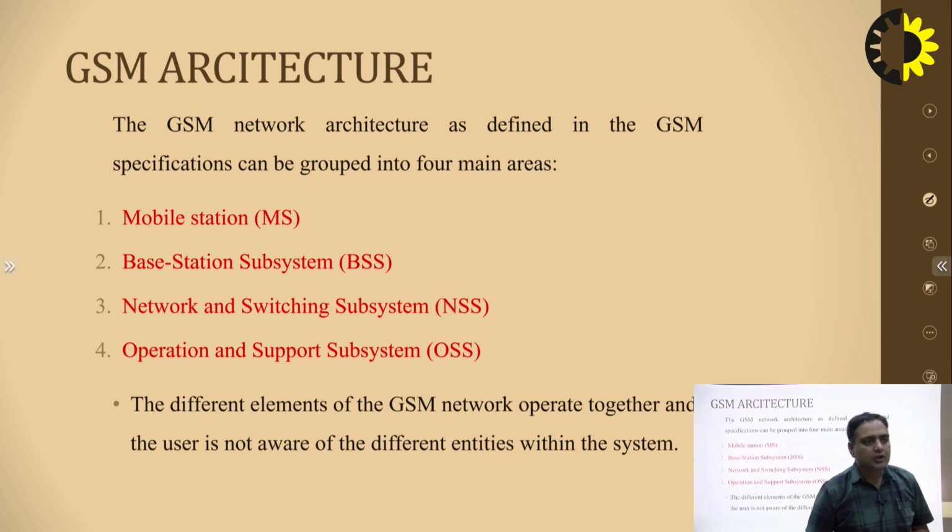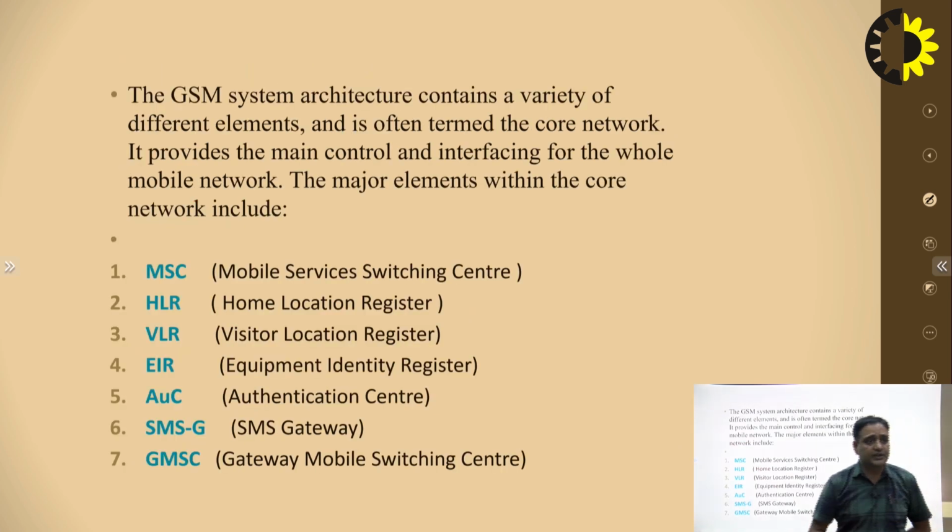And the fourth is the operation and support subsystem, O&M, operation and maintenance of the entire network. These are the four topics, the four pillars of the GSM architecture. The different elements of the GSM network operate together and the user is not aware of the different entities within the system.